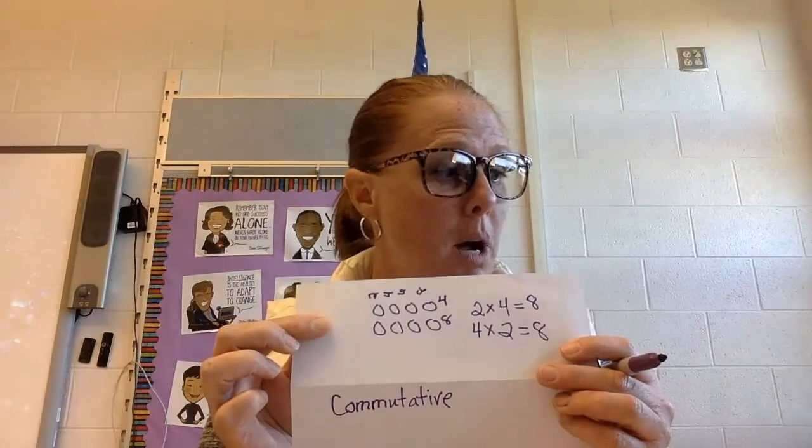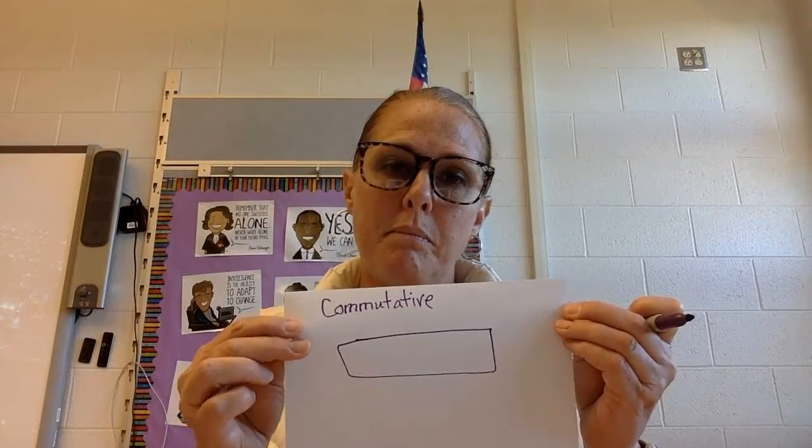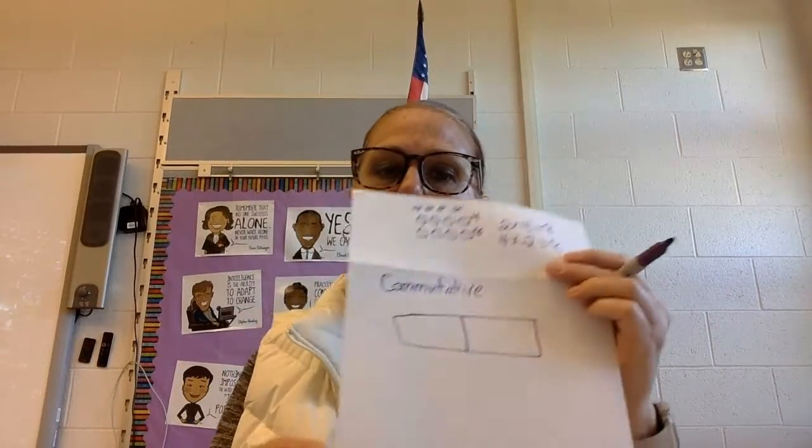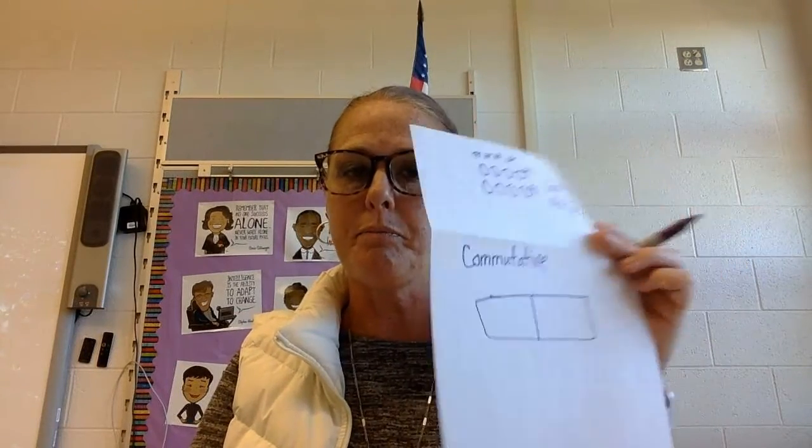Now what we're going to do is draw a tape diagram to represent each of these multiplication problems. So the first one, 2 times 4, you're going to draw your tape diagram, and we're going to show two groups. We have two groups. How many do we have in each of those groups?